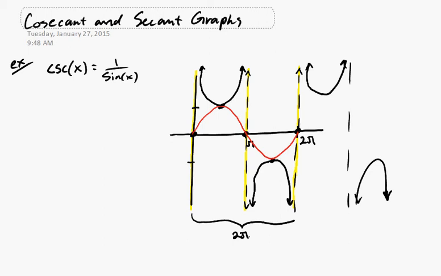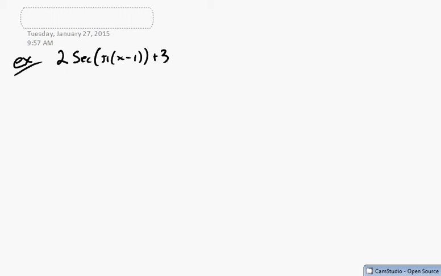Okay, so we're going to do an example now of one with an ugly transformation situation. Alright. So to do this, we're first going to think about what the matching function would be.